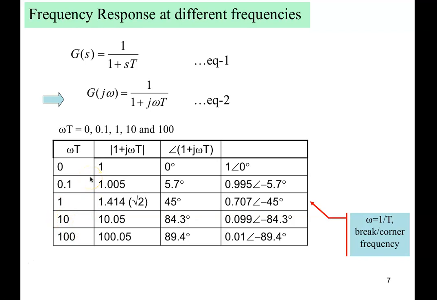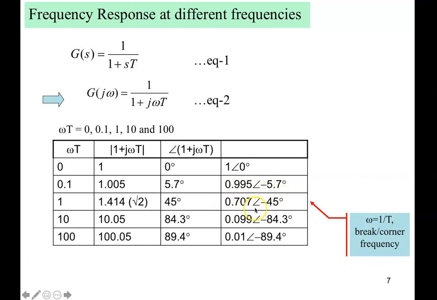For every frequency, I work out the magnitude and the phase angle, which give me this column. When the frequency is 0, it's 1 with an angle of 0, which is the same as the DC gain. When the frequency is 0.1, for this particular transfer function, the magnitude is 0.995 and the phase angle is minus 5.7.